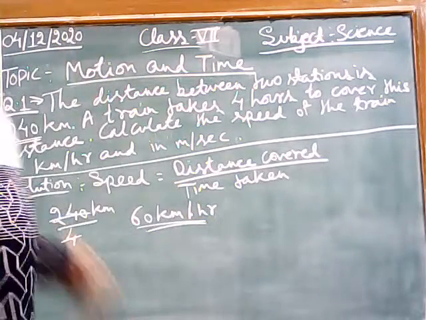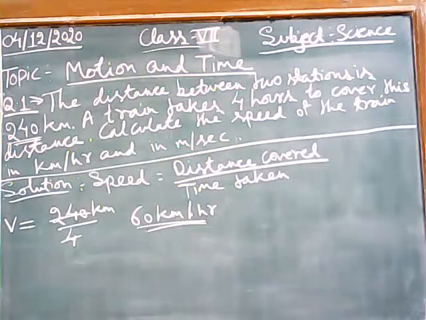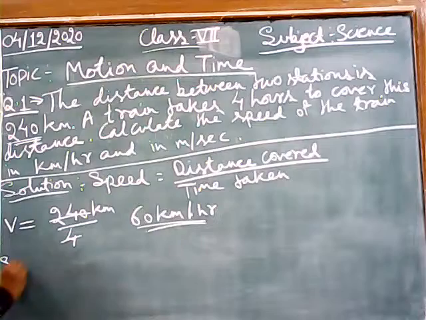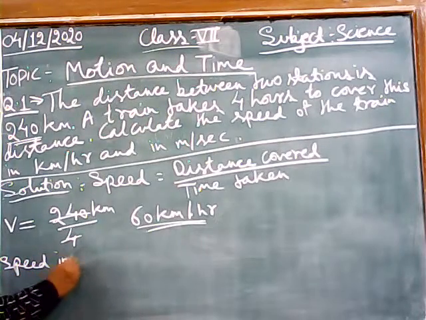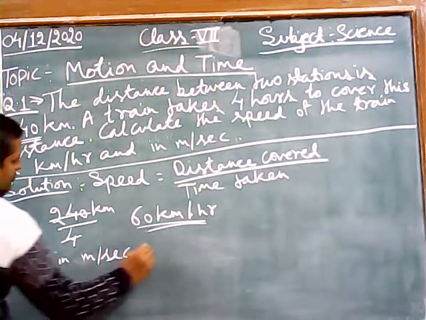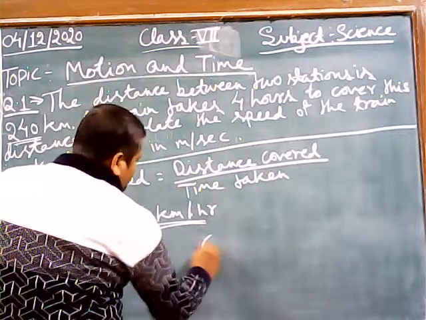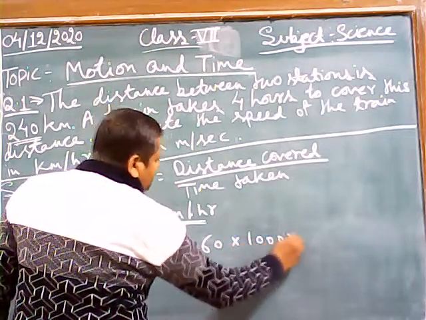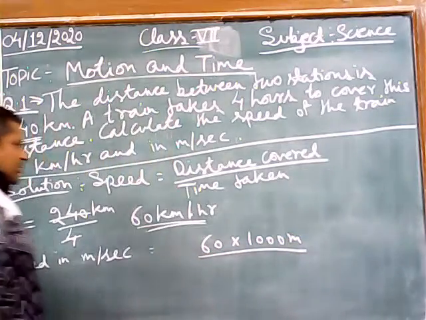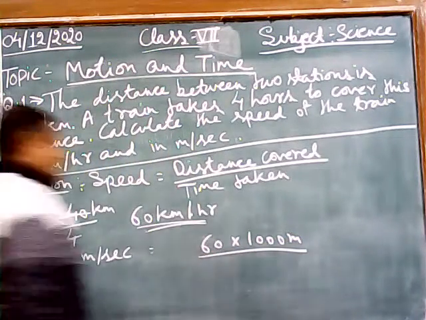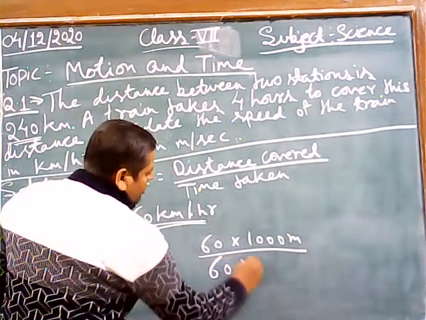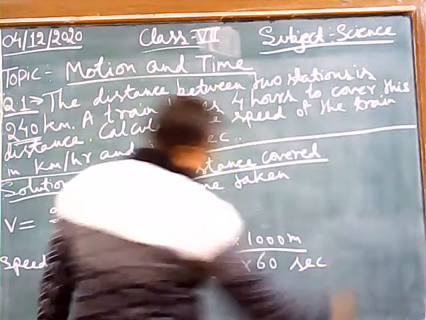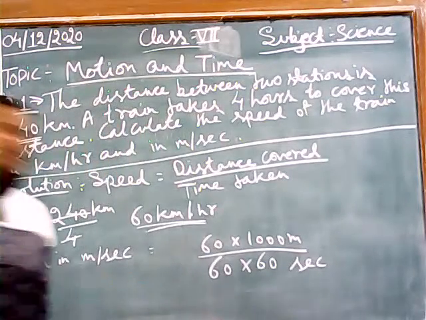Now we have to convert this into meter per second. So speed in meter per second is 60 into 1000 meters upon hours, 60 into 60. 1 hour is equal to 3600 seconds.